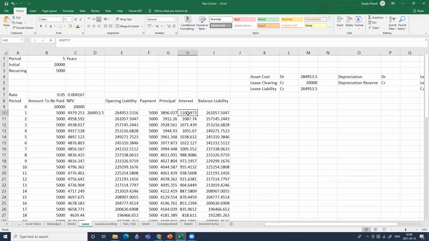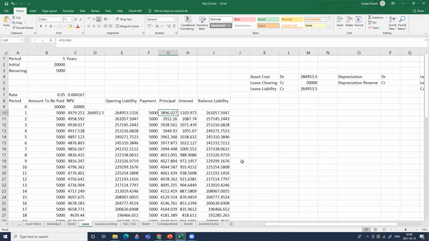This is the interest generated for this liability for one month. You can see the calculation, this into this, is the simple interest calculation. Out of the 5,000 I'm going to pay, this part is for interest. The balance is for principal.